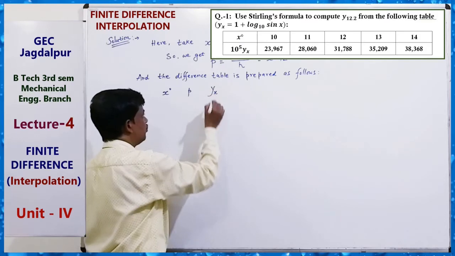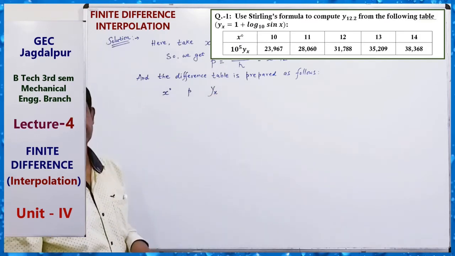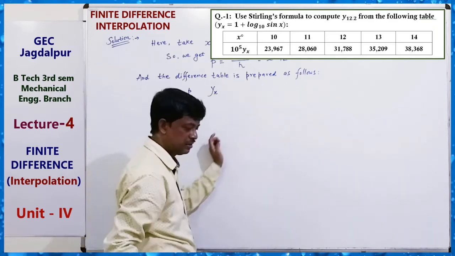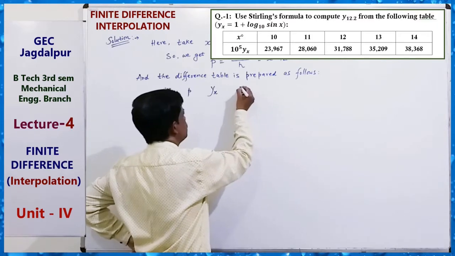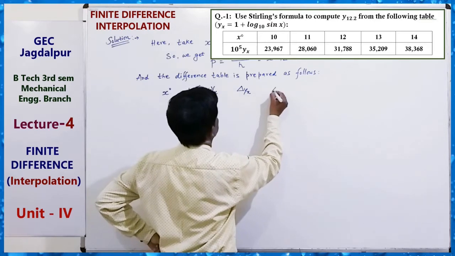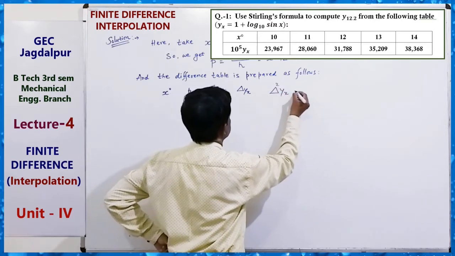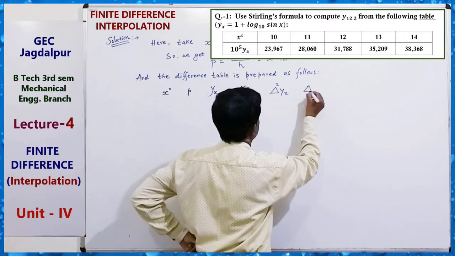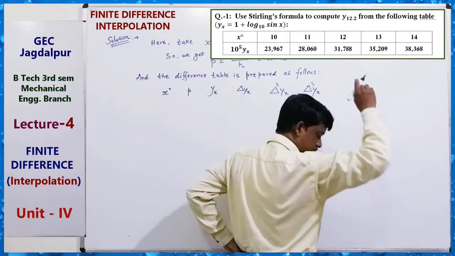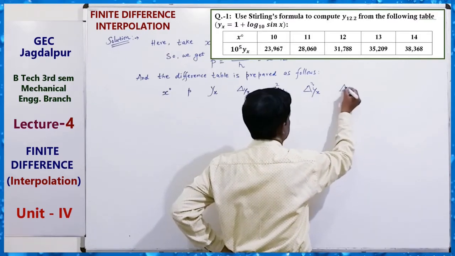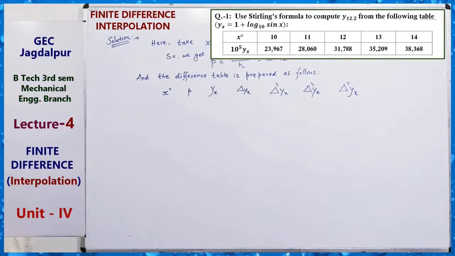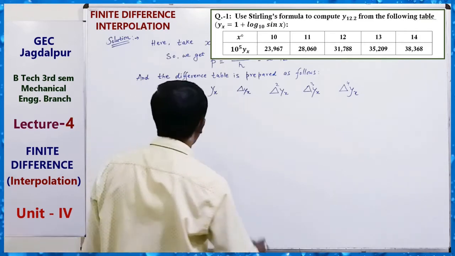yx we can find by dividing by 10 to the power 5, and then the differences. In notation, the forward differences are yx, then del square yx, then del cube yx, and how many differences are required here? 4 differences, so del 4 yx. Just find the differences.